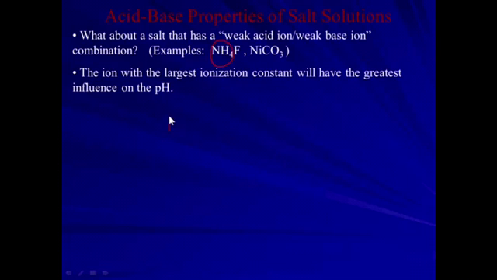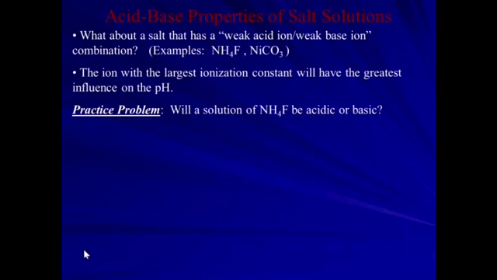The ammonium ion, when it's in the presence of water, is going to pop off that hydrogen ion in the front to make your ammonia and H3O, your acid. But then you also have the fluoride ion, the F ion. When it's in the presence of water, it's going to make that HF and your leftover OH. So which one dominates?